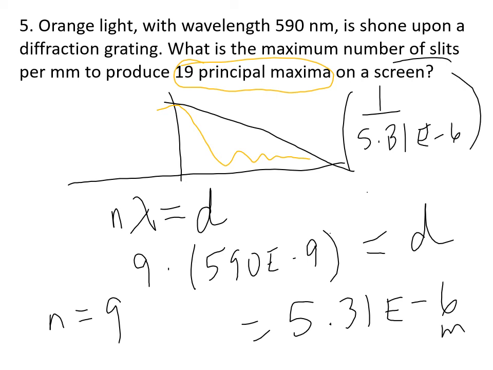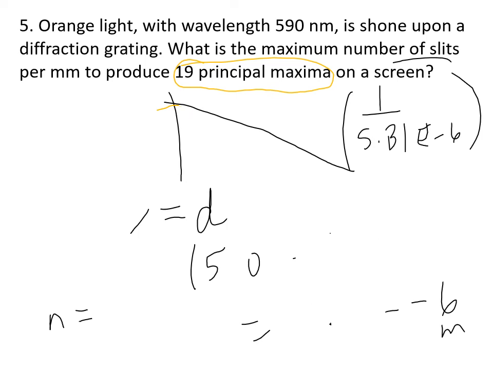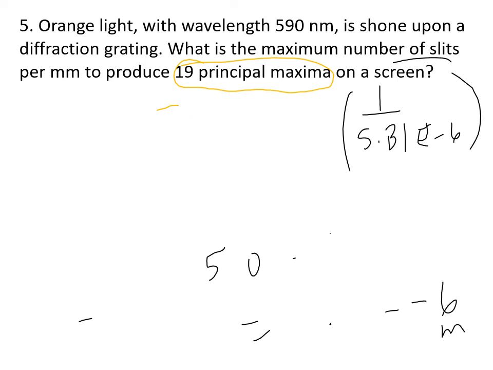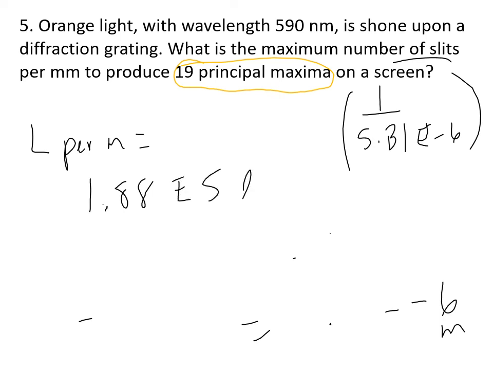So raise that answer to the negative 1 power, and you get 1.88. The total number of lines per meter is equal to 1.88 times 10 to the 5 lines per meter, but they want per millimeter.